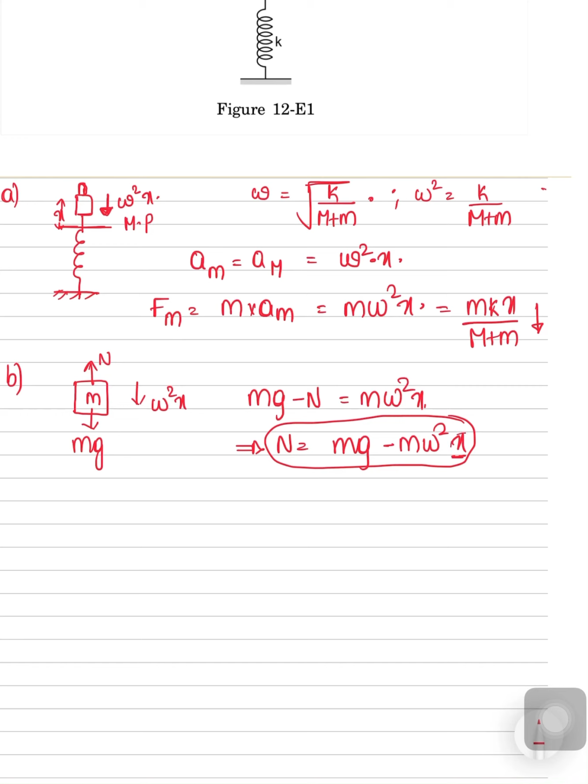So the more the value of x, the less will be the value of N. X will be highest when it is at the upper extreme position or lower extreme position. So N is going to be lowest when x is equal to the amplitude, or you can say the upper extreme position, when the particle is at the upper extreme position.